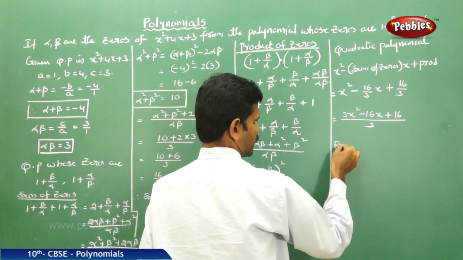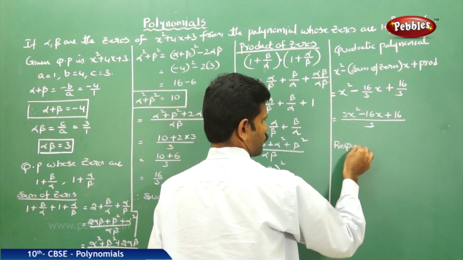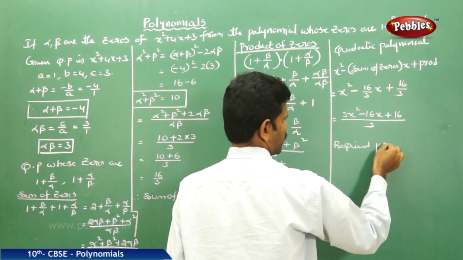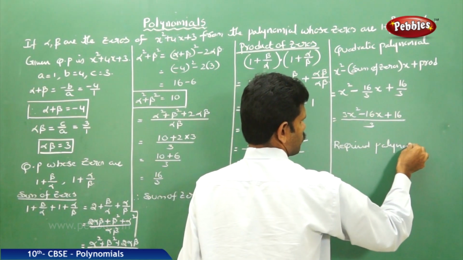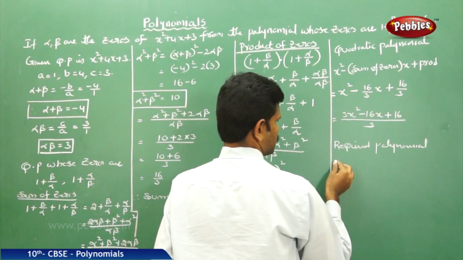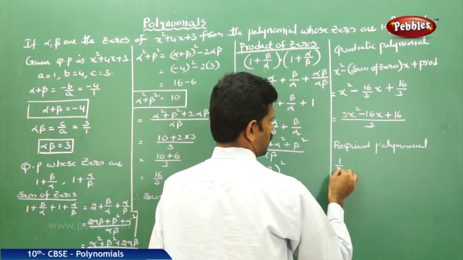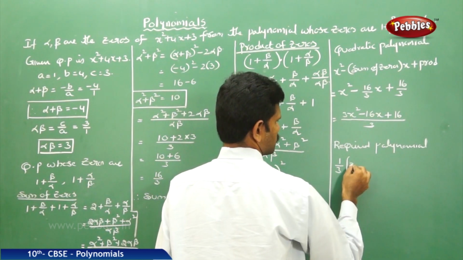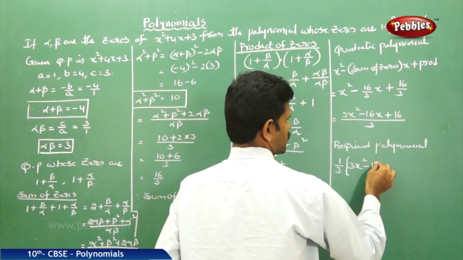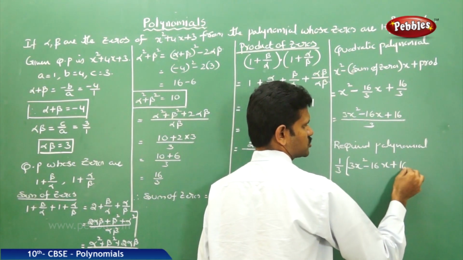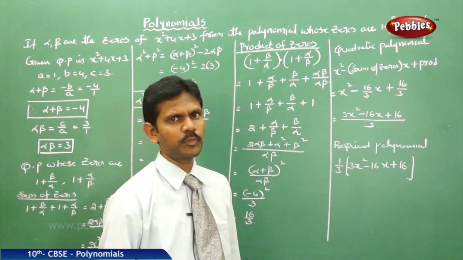Therefore the required polynomial is, take 1 by 3 common, 1 by 3 times 3x square minus 16x plus 16 is the required polynomial.